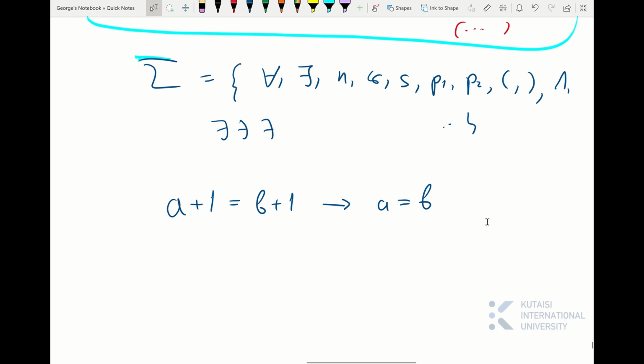Or you can write, there does not exist a number whose successor is 0. That would be an axiom such that 0 is the first number.